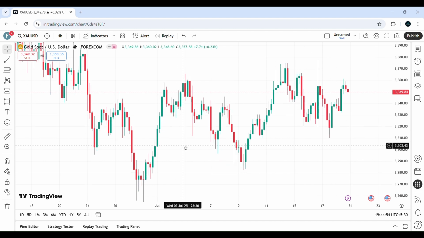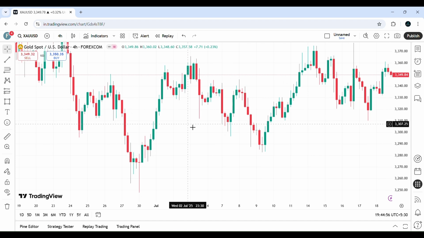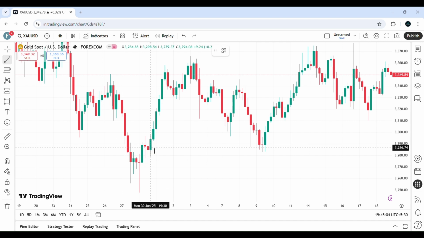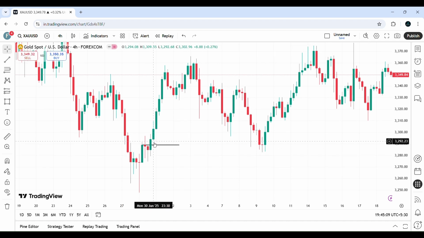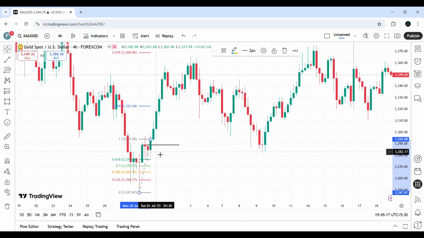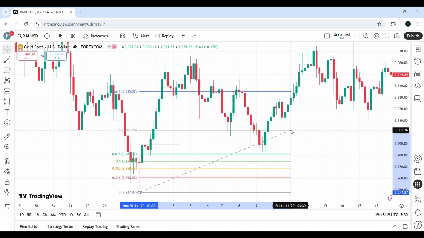Okay, so here is another example right over here. You could see this bullish candle was broken by one, two, three candles. This was the third candle that closed above this bullish candle right over here. See, this candle was the one that broke. So we pull the Fibonacci from the closing to the wick, and you extend it.